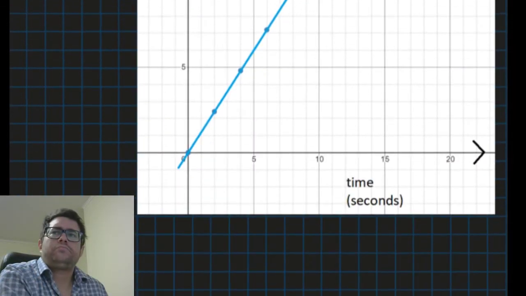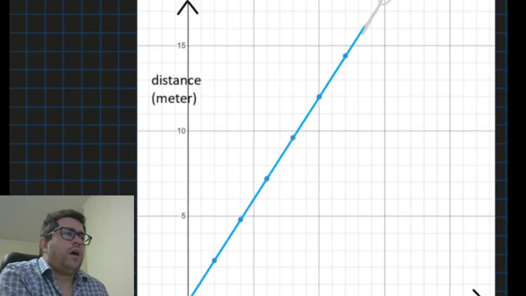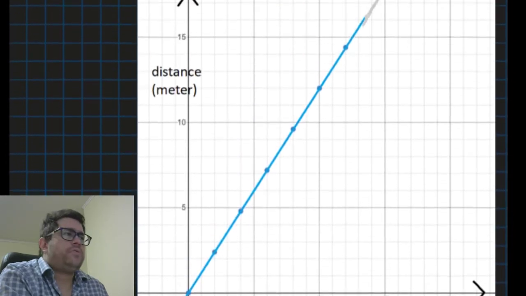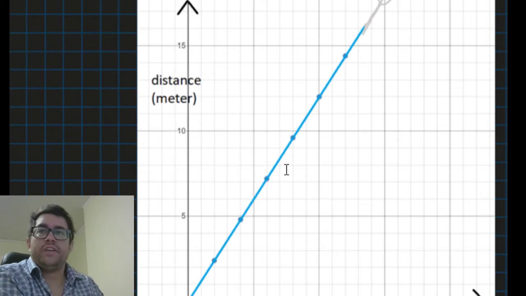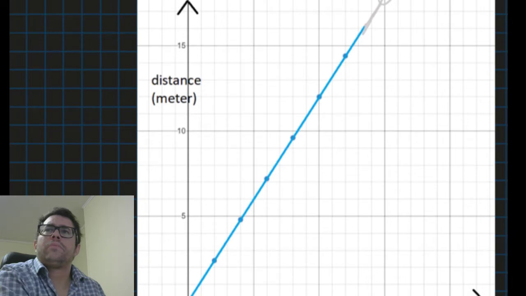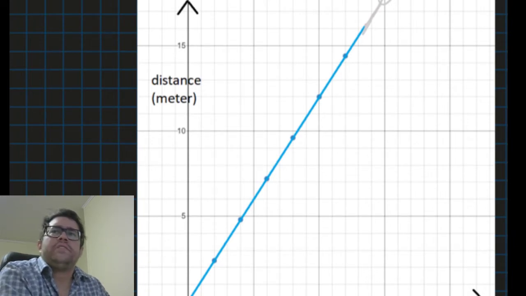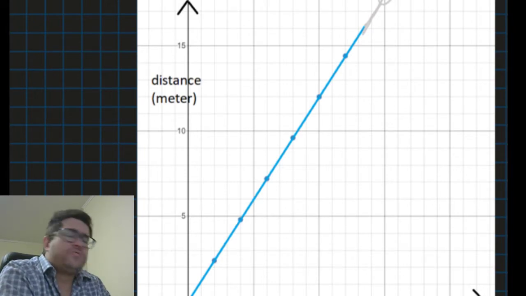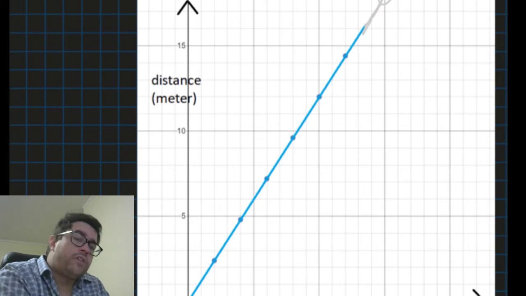So how do we determine if this straight line represents a constant speed? So what's interesting for us is, did the object travel as far every second or not?